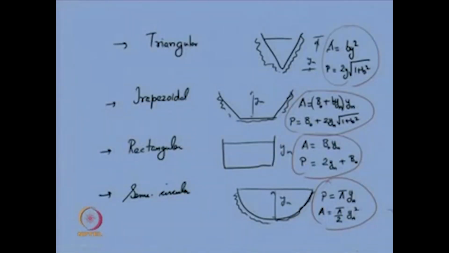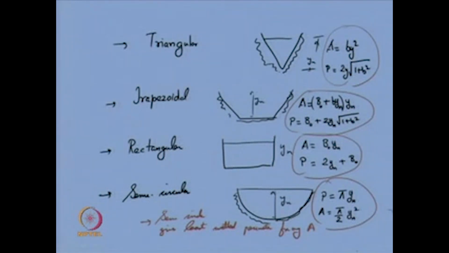If A is the same for all, the least wetted perimeter will be observed in the semicircle. You can work it out using normal differentiation. So, the semicircle gives the least wetted perimeter for any area A given to you.